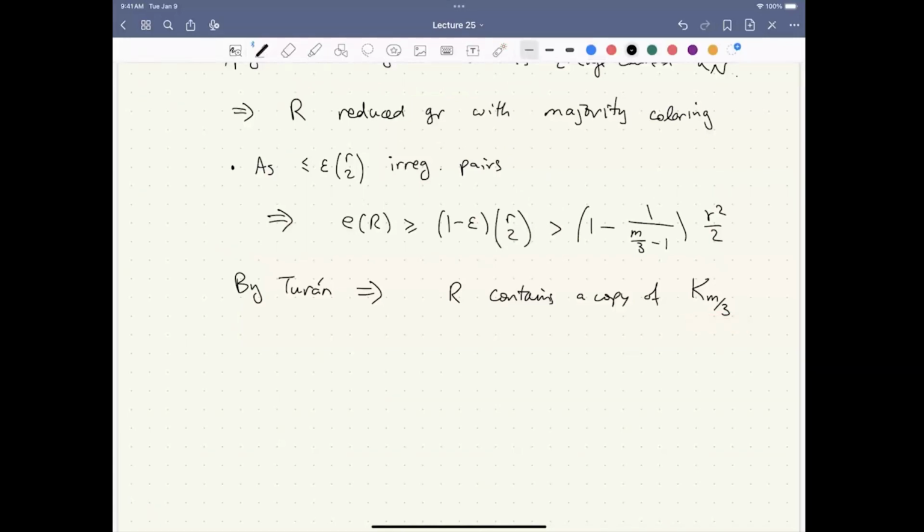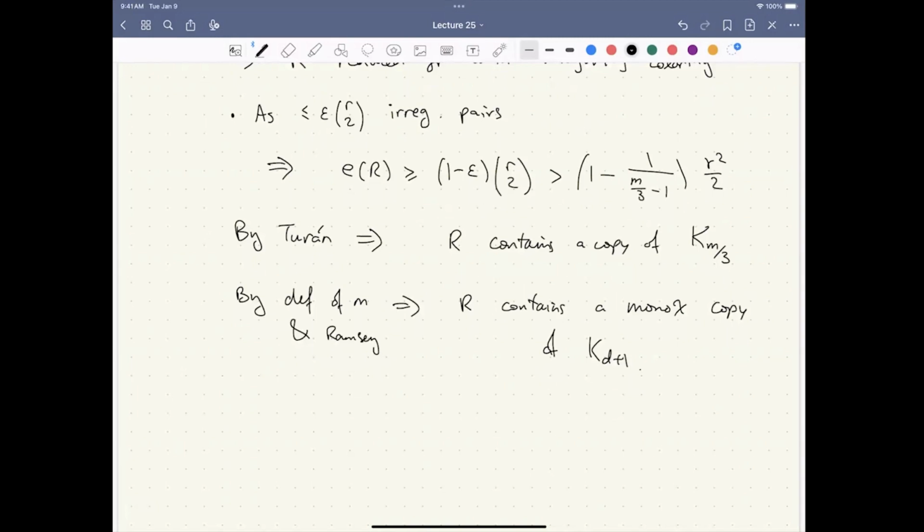If you now zoom into this clique on m over 3 vertices in R, now we have the colors back, the majority color comes with the red and blue coloring. Apply Ramsey. By the definition of m and Ramsey, we get that R contains a monochromatic copy of K_{D+1}.